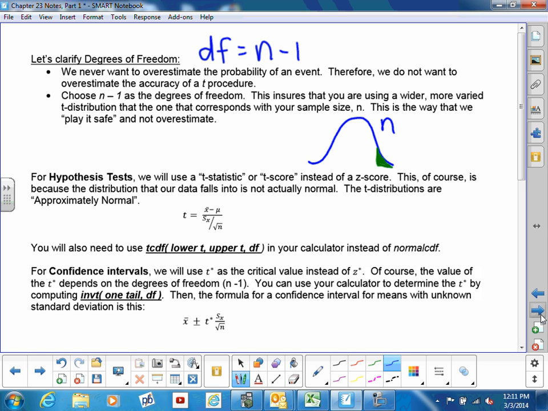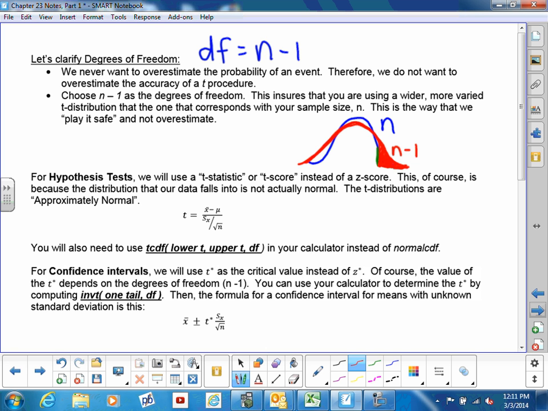So therefore, the curve that gets used is one that's a little bit more varied, the n minus 1. So that way, we will be sure to not overestimate our probability, or underestimate, however the case may be.